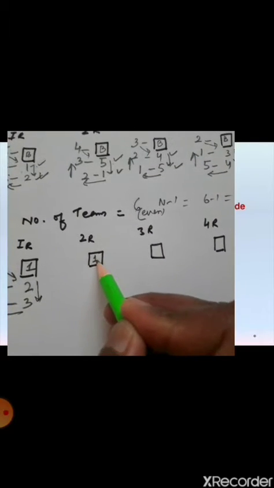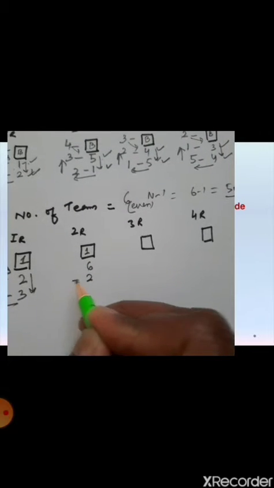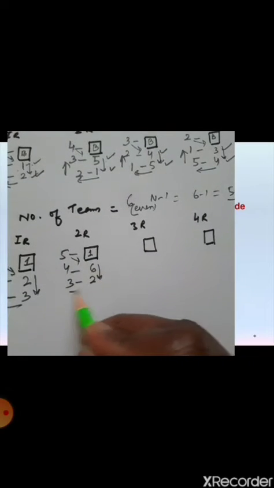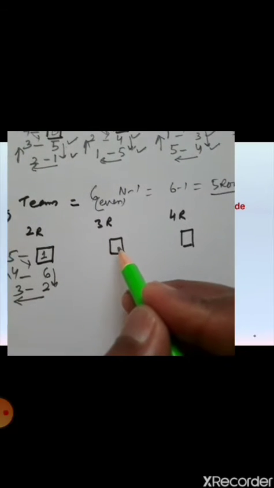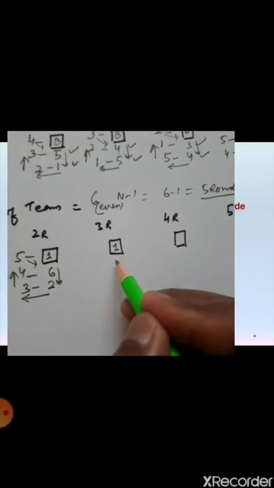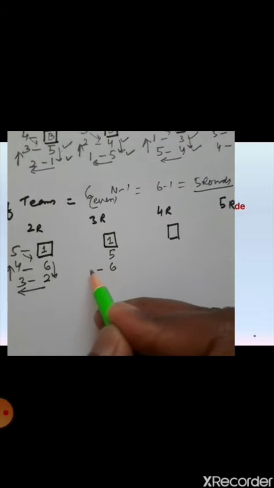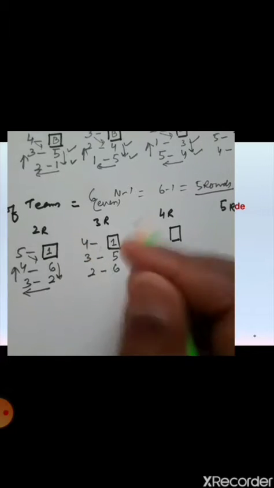Again 1 is fixed here, 6 is brought down, then 2, then 3, then 4 and 5. Again the team will be brought down here. Third round, team number 1 is fixed here, 5 brought down, then 6, then 2 and 3 and 4.